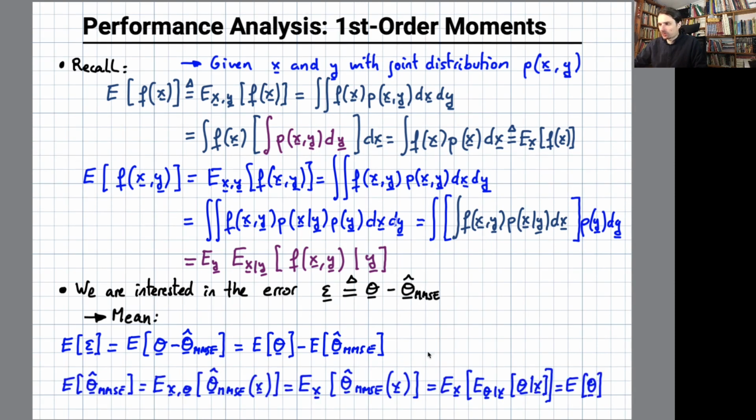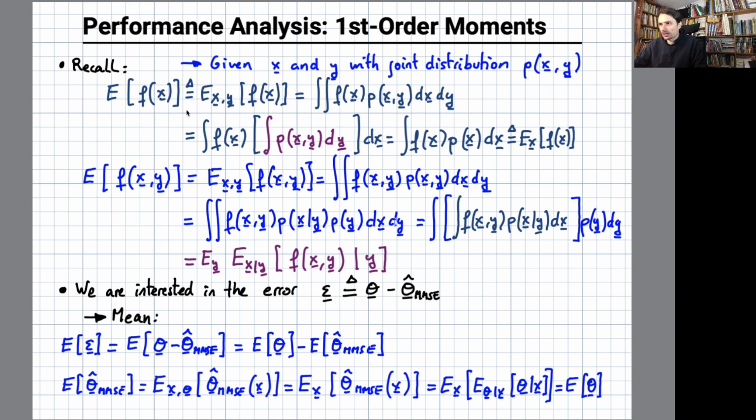Therefore, we need to compute this mean here, and so we just note that mean, whenever we don't have subscripts, is the mean with respect to all random variables involved, which in this case are x and theta, right? And therefore, we have the expectation of something that depends on x but doesn't depend on theta, right?